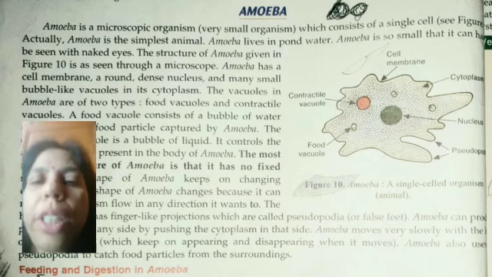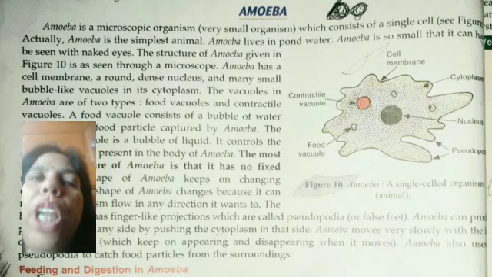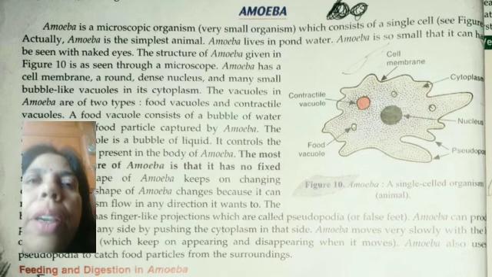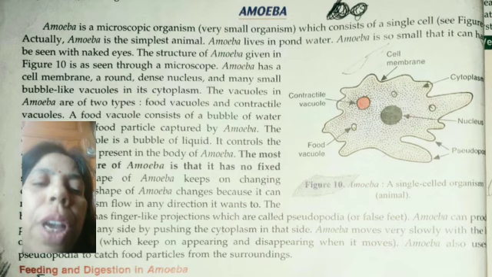You will be surprised to know that some unicellular organisms do not have a proper digestive system, not even a mouth. They perform the digestion process by other means. Just like in amoeba, the false feet, known as pseudopodia, help in digestion.